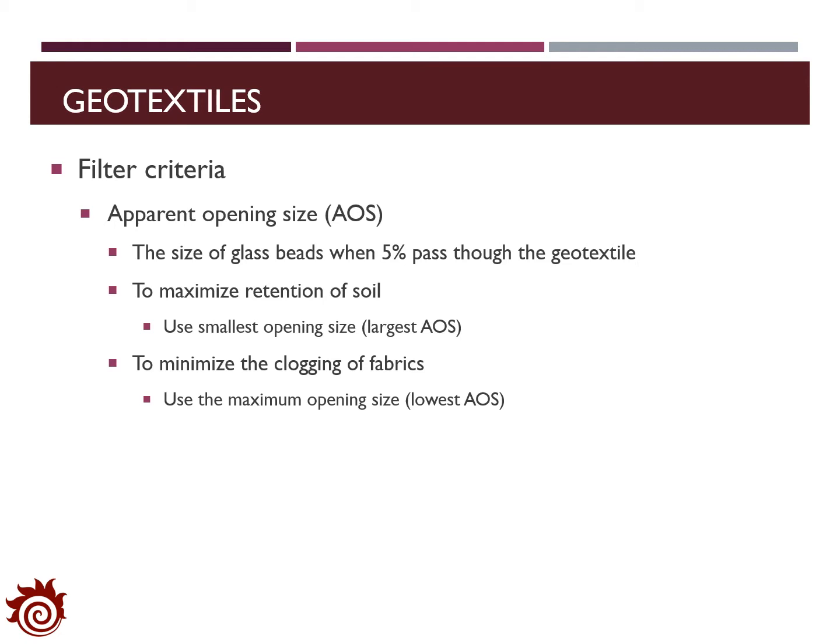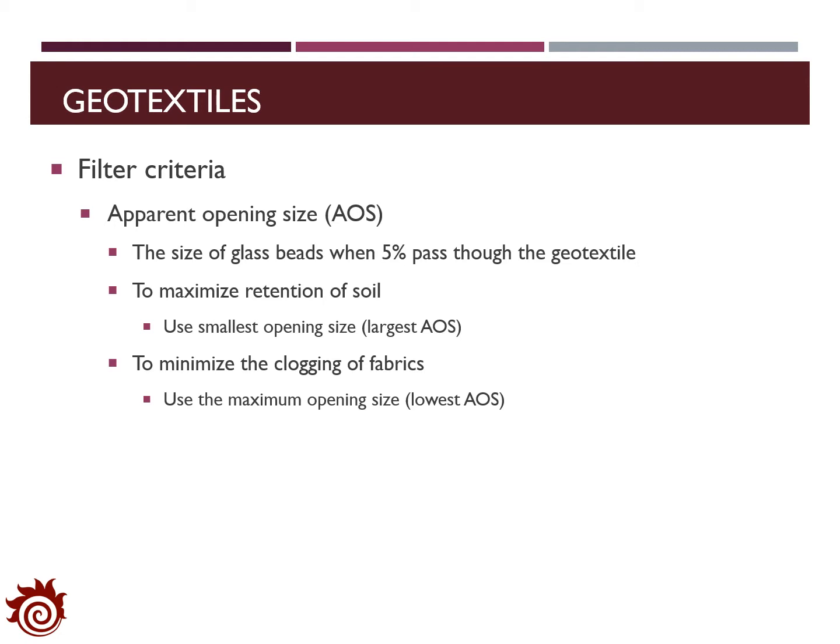Usually, the geotextile is applied to achieve the purpose of retaining soil and preventing clogging. However, the requirements about the AOS for these two functions conflict with each other. In order to achieve the maximum retention of soil, the smallest opening size should be applied, which means we want to use the largest AOS.